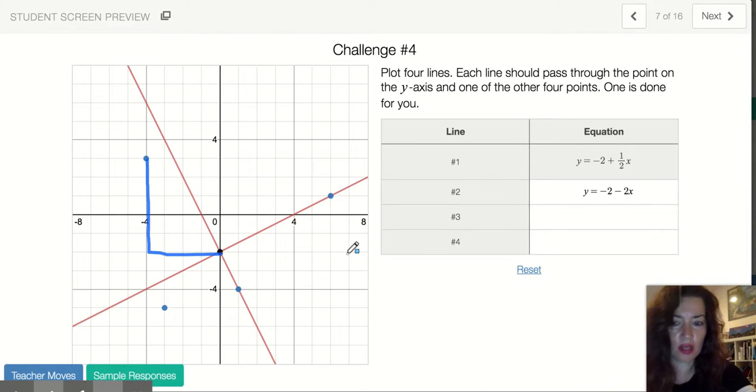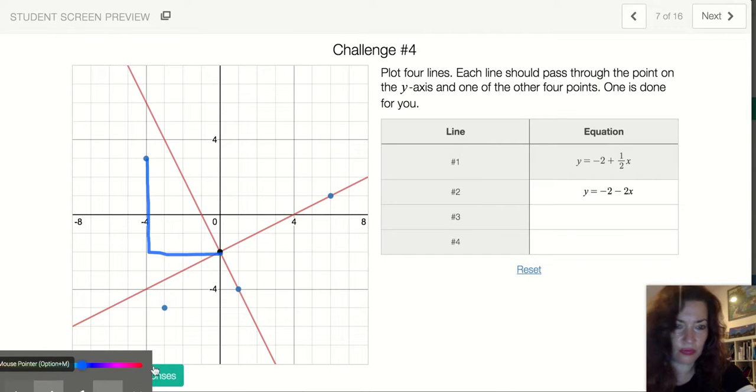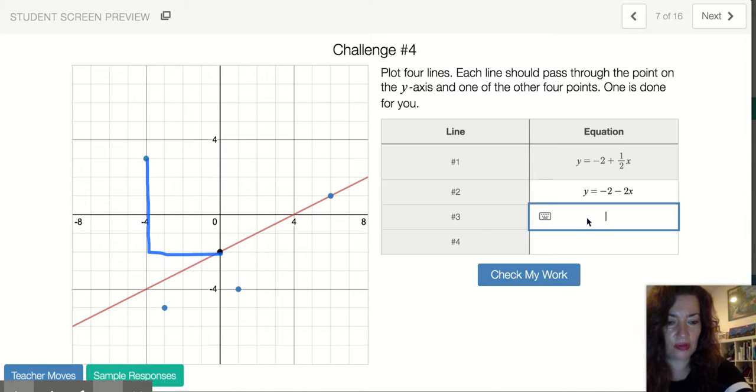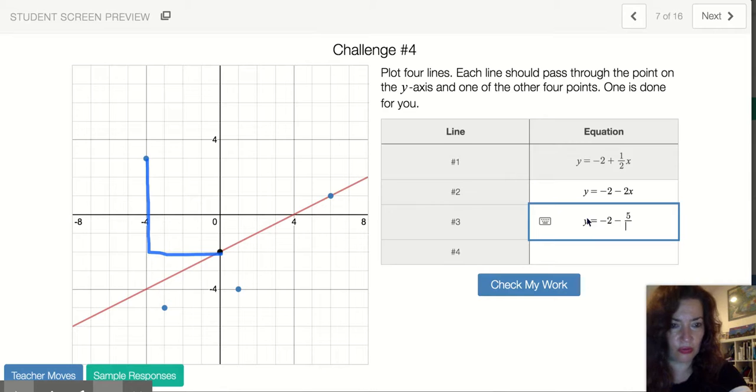So that's a slope of -5 over 4. So I'm going to write that it goes through the y-intercept of -2. So y equals -2, and we went down 5, so -5 and right 4 over 4, and then don't forget the x. We put the x, and we could check that one as well.